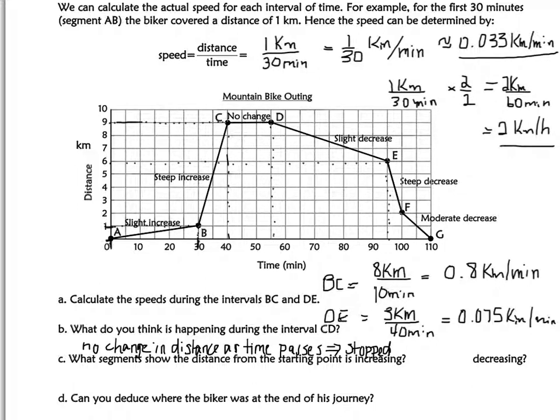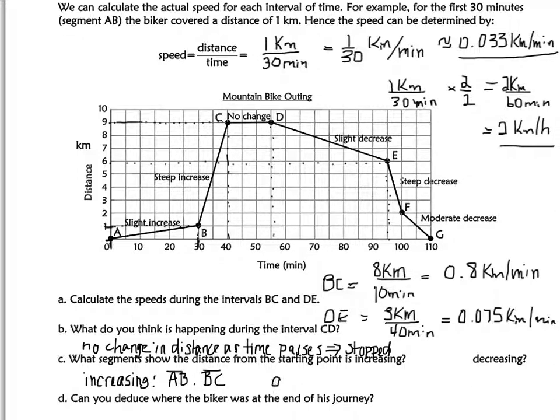And question C says, what segments show the distance from the starting point is increasing? So if we look at the graph again, we've got some segments that are rising as time goes on and some segments that are falling as time goes on. So the ones that are rising would of course mean that the distance is increasing. Increasing would be segments AB and BC.